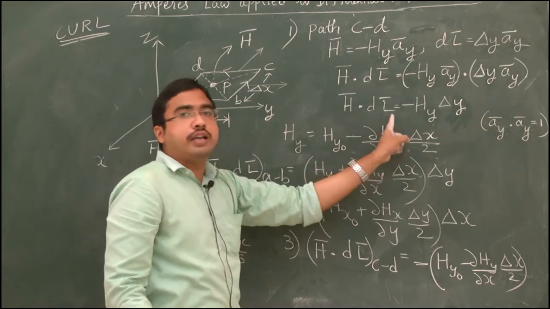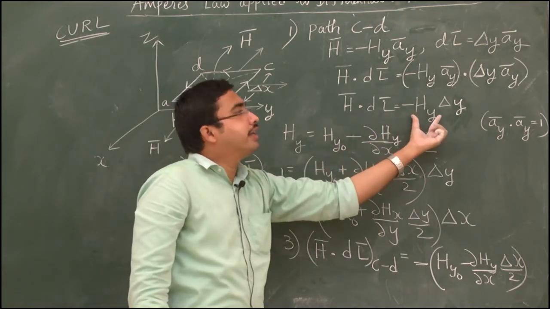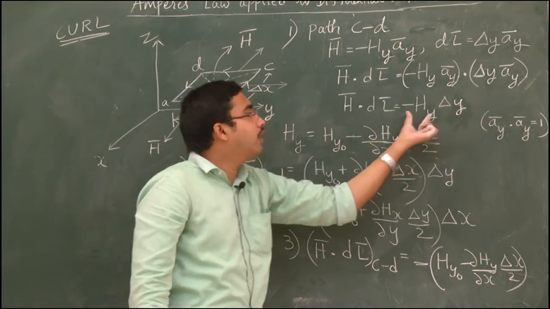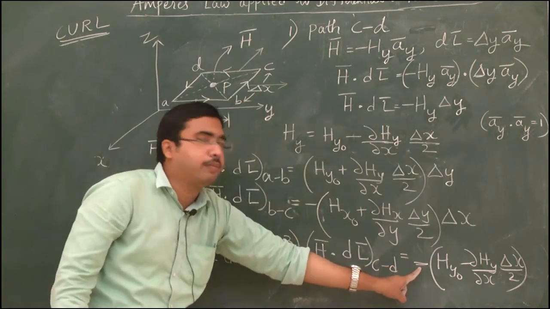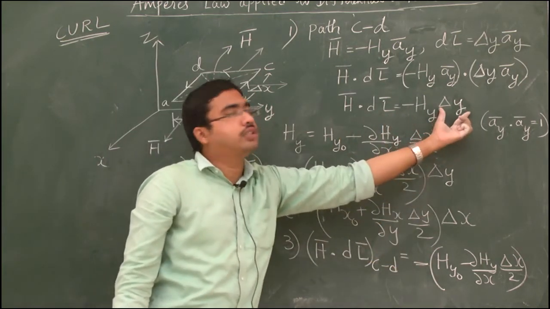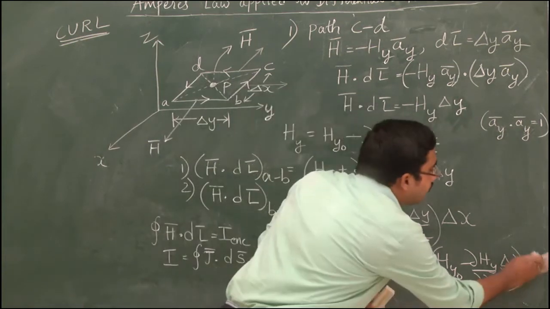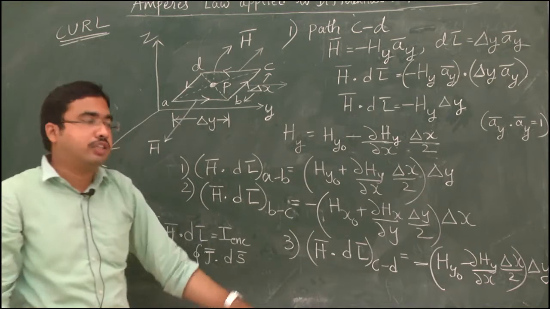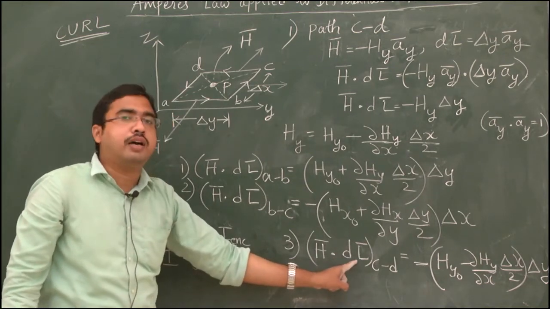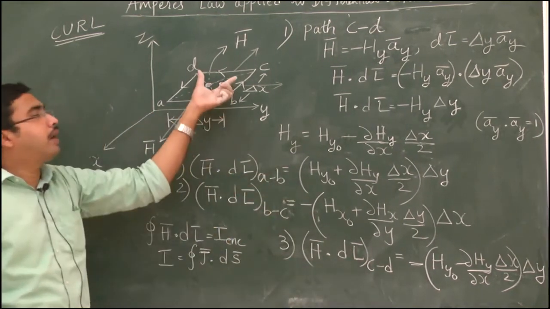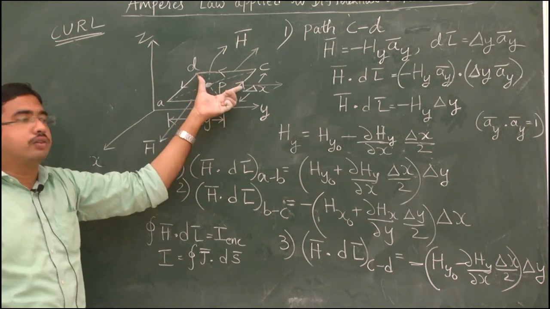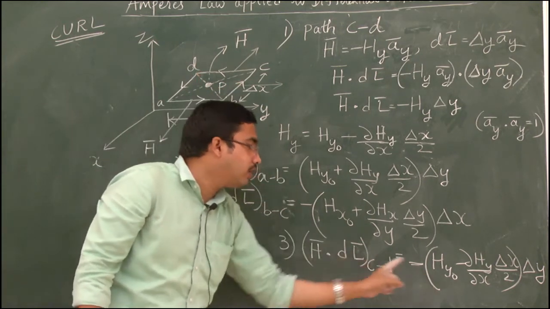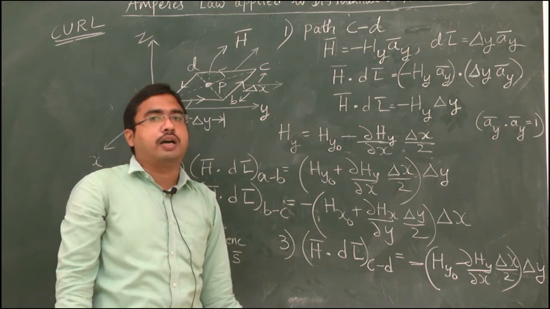Already we have substituted the hy value with the minus sign. What is left out still? Delta y is left out. So finally, this is the expression for h bar dot dl bar when you are looking from the path CD.